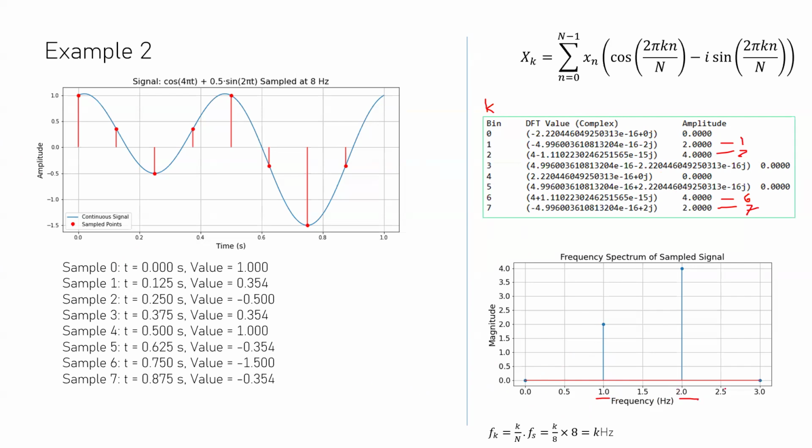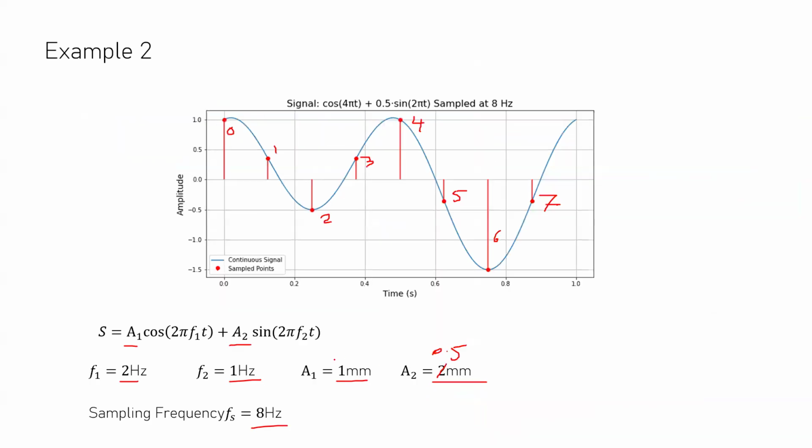However, in the full spectrum, we have -1, -2, -3, and so on. So there should be peaks at -1 and also -2. So this is a mirror image of that. So we have peaks at 1 Hertz and 2 Hertz.